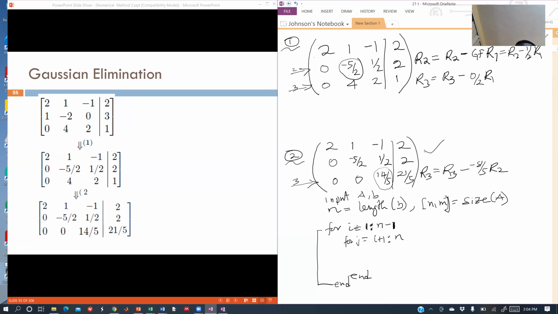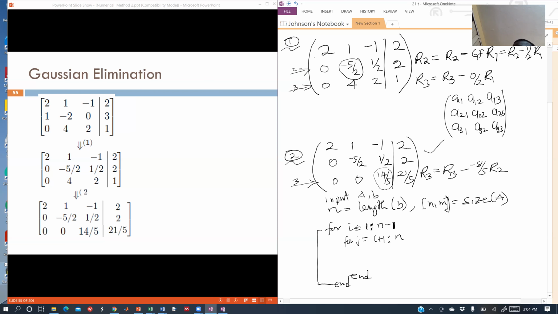The Gaussian factors, if you have followed the discussion, you would realize that if I have a general matrix A11, A12, A13, I have A21, A22, A23, and then A31, A32, A33.